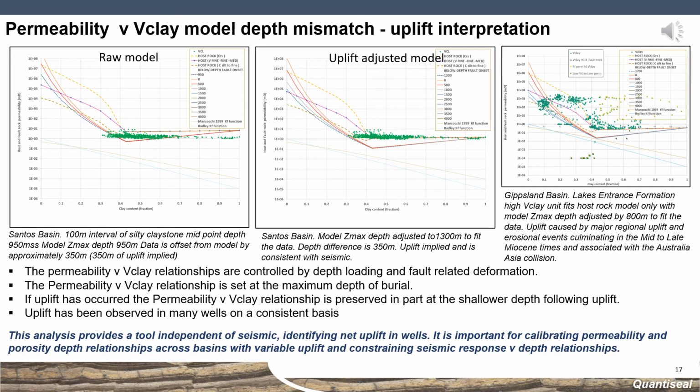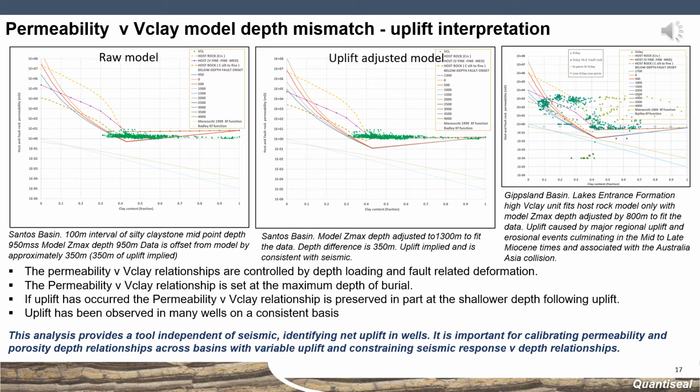The V-clay permeability model that we use is linked to depth, and here we can see the models showing the trends for fault rock and host rock as previously described. What we're showing on the left is a silty claystone interval with high V clay, and you can see a mismatch of that to the host rock trend.